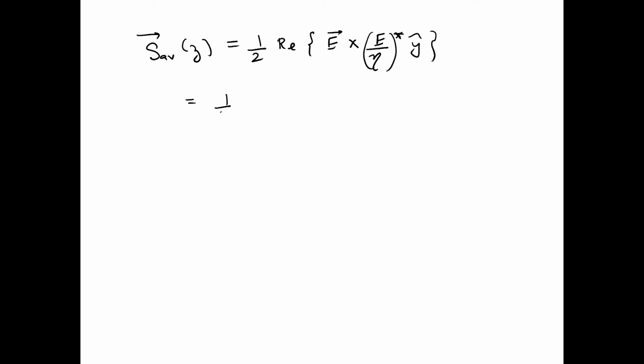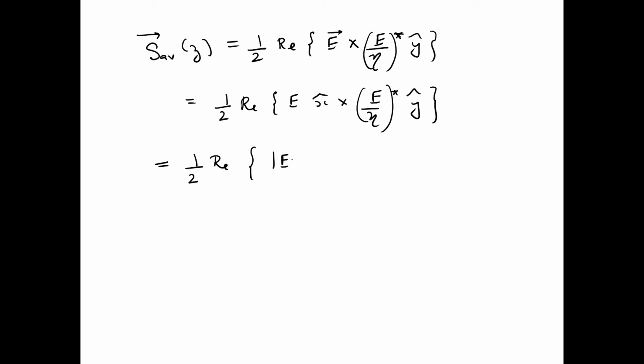So it becomes half of real of E in X cross E by eta complex conjugate in Y. I can write this as half of real of E E star, which becomes magnitude of E squared, over eta star.